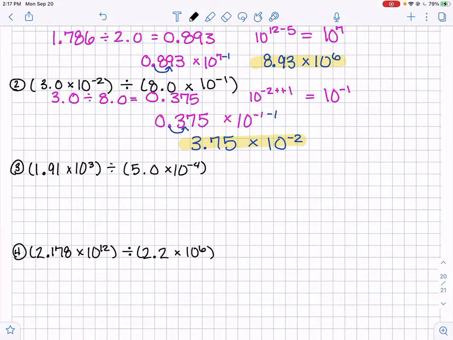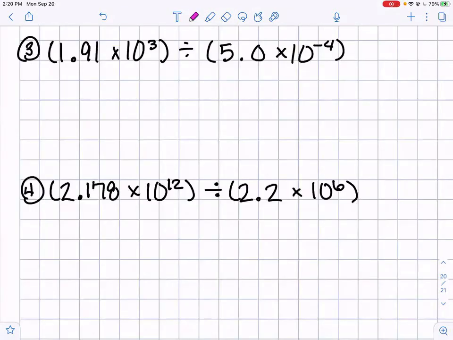Try those 2. Number 3. What do we have to do? You divide the decimals, 1.91 divided by 5.0, and you get 0.382.